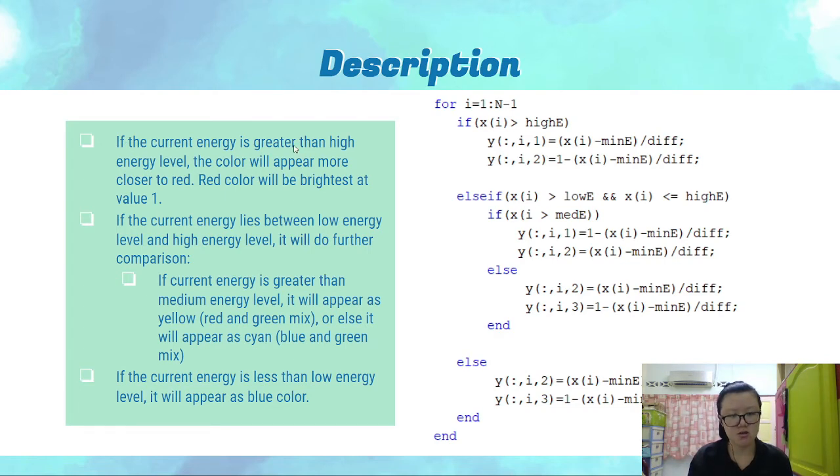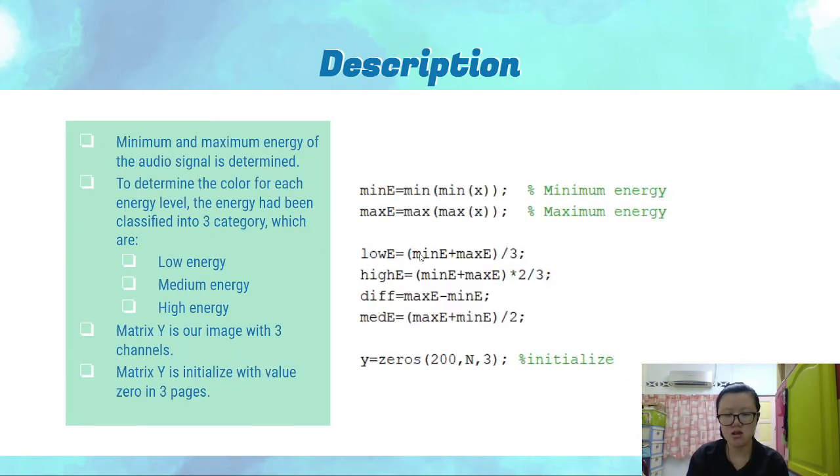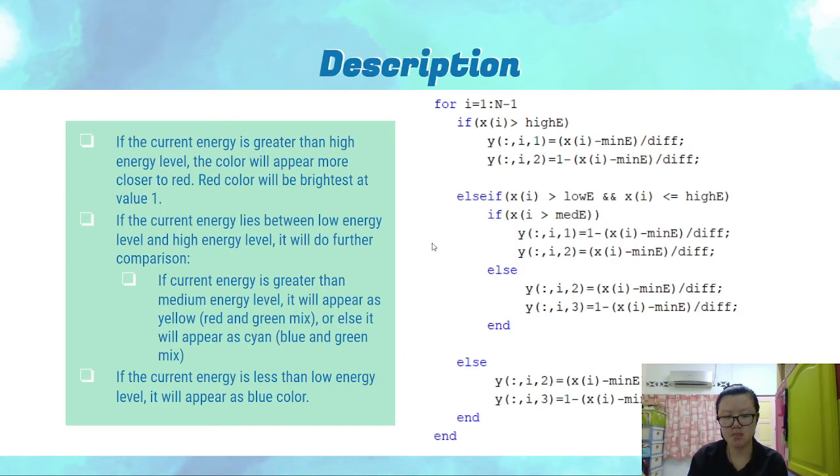So how do I assign the color? If the energy is greater than the high energy level, which is determined at this part by multiplying by 2/3, then the higher the energy, the closer the color will appear to red. The color will be brightest when it's at 1. If the energy lies between the low energy level and the high energy level, we need to do a further comparison with the medium energy level.